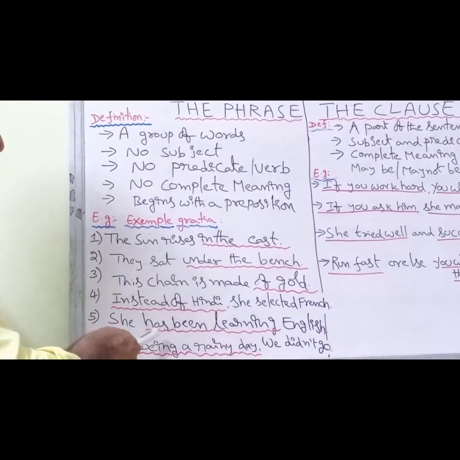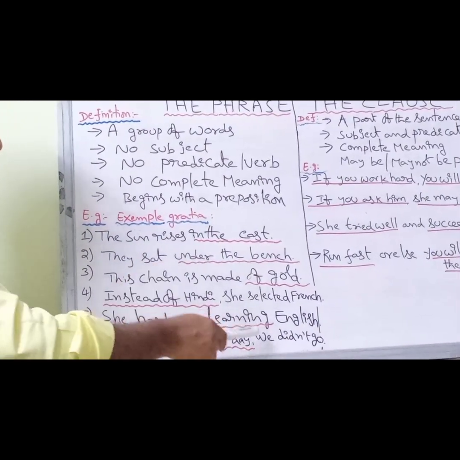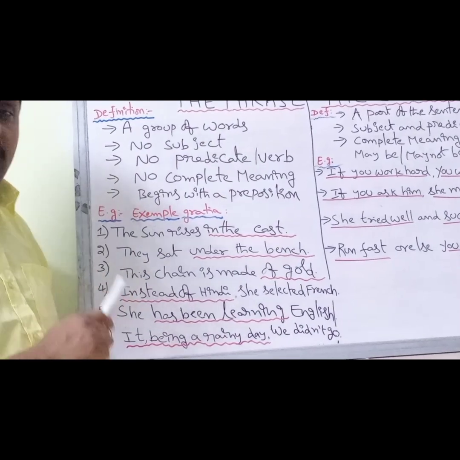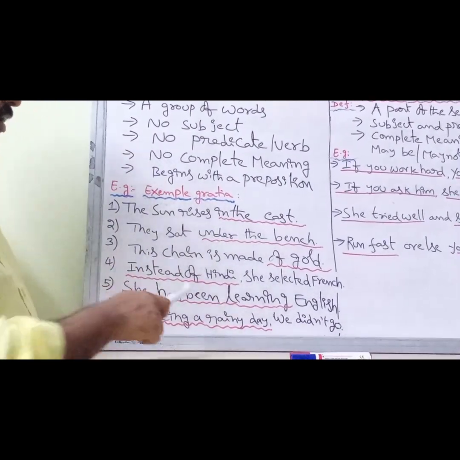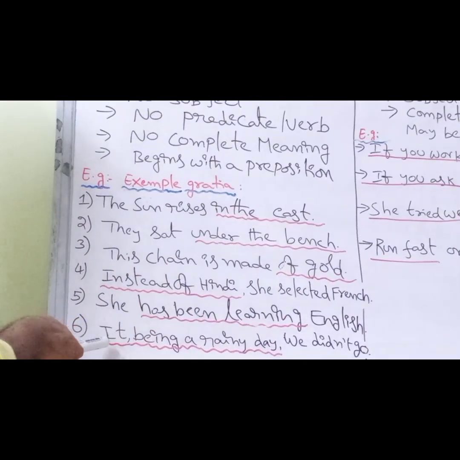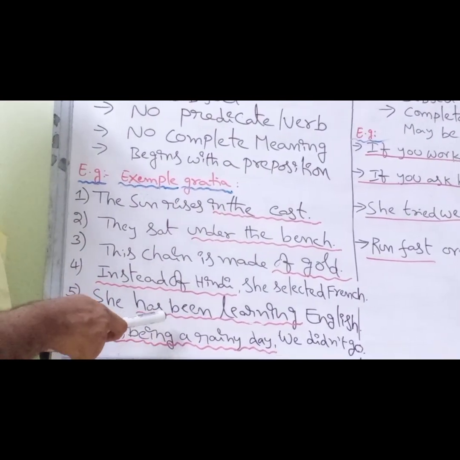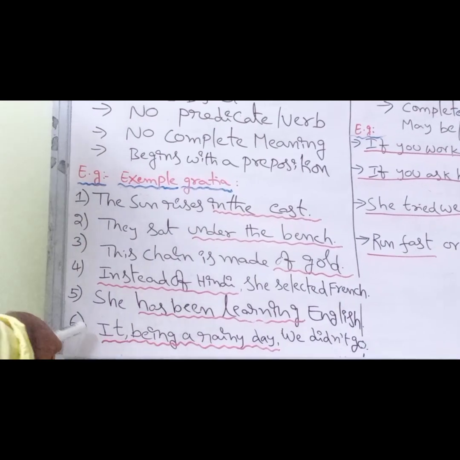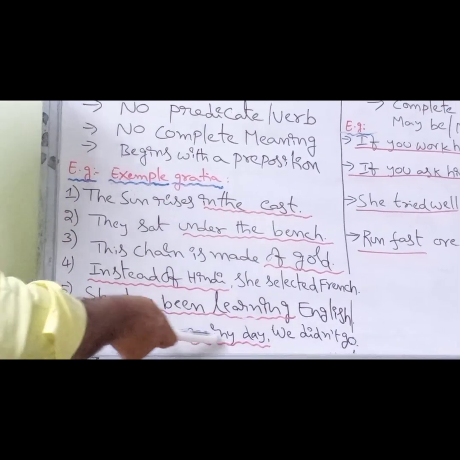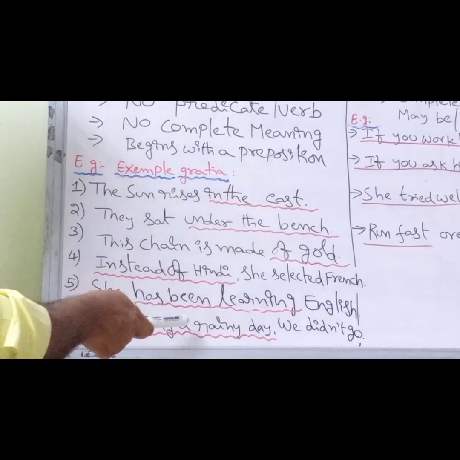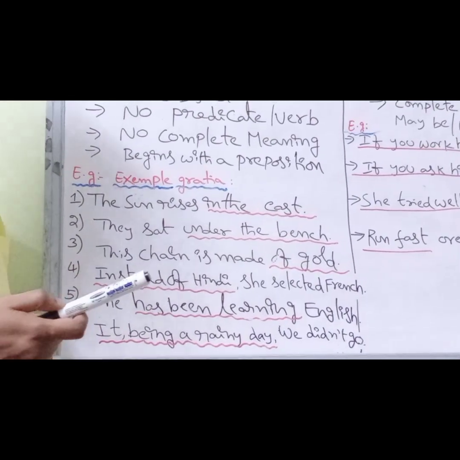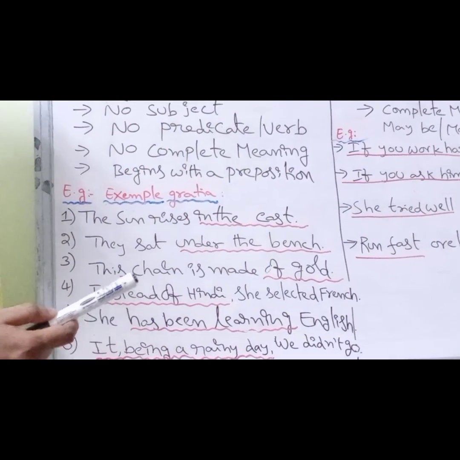And in the fifth example, has been learning. If you take only the underlined part, it doesn't have any subject or verb or complete meaning. And of course, here it is not beginning with any preposition. And in the sixth example, it being a rainy day, this underlined part is also a phrase, and it doesn't have any subject, verb, or complete meaning.